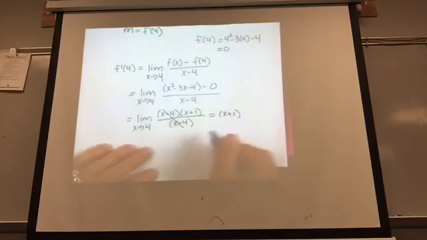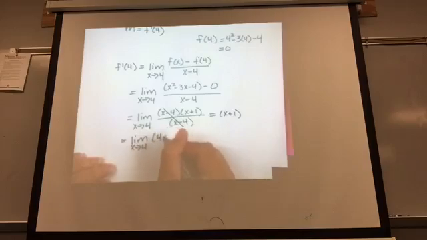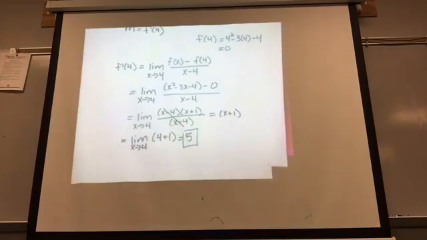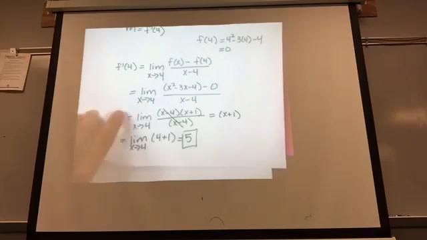So if I plug in 4, what do we get? 5. So that is what f prime of 4 equals. Also known as the slope, right? So that's the slope of that tangent line.